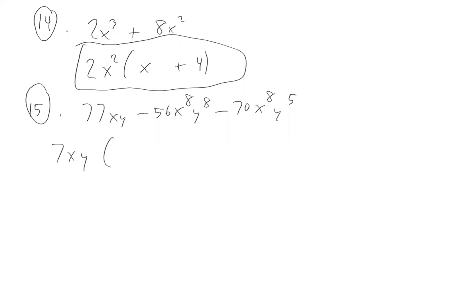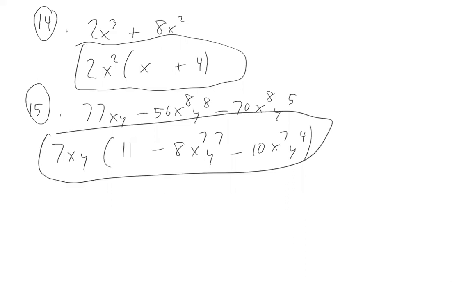If you did that, you'd be left with 11, because 7 times 11 is 77, and then minus 8, because 8 times 7 is 56, and then you'd have x to the 7th left over because you took one of them out. You'd have y to the 7th left over, you'd have negative 10 left over, you'd have x to the 7th left over, and y to the 4th. So that would be the answer. Then let's go to problem 16.